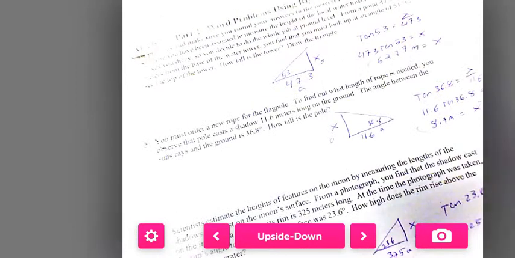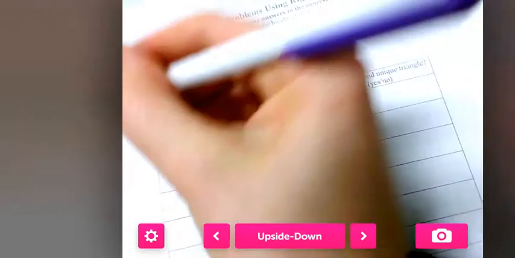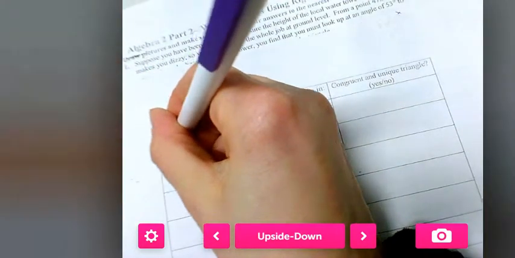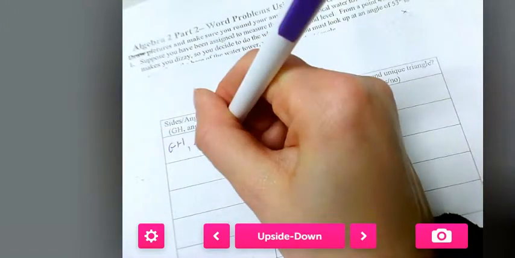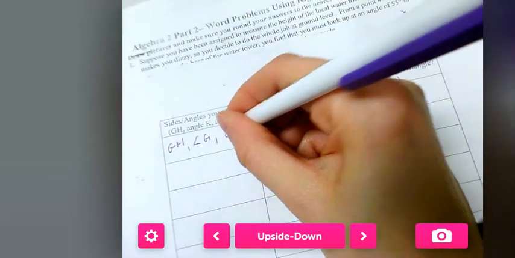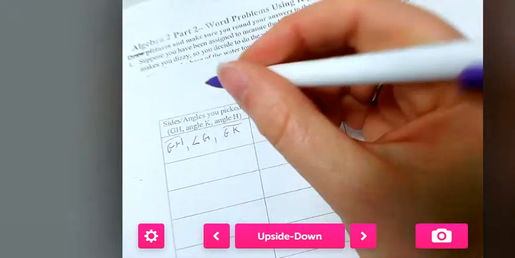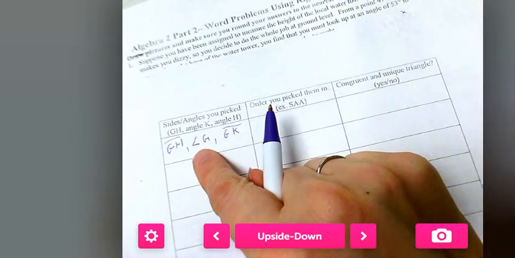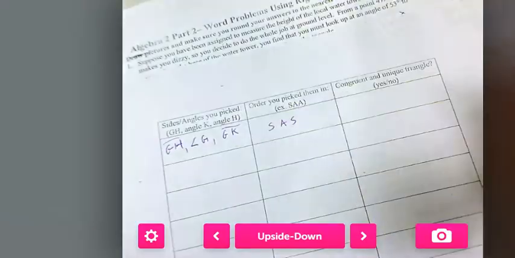Let's say I have everything traced out. I want to fill this out. So I know right now I'm going to use side GH. I'm going to use angle G. And I'm going to use GK. Okay? So this is a side. The angle is in between, see, because both sides share the angle. Side. And I'm going to see if I can make a congruent triangle, yes or no.